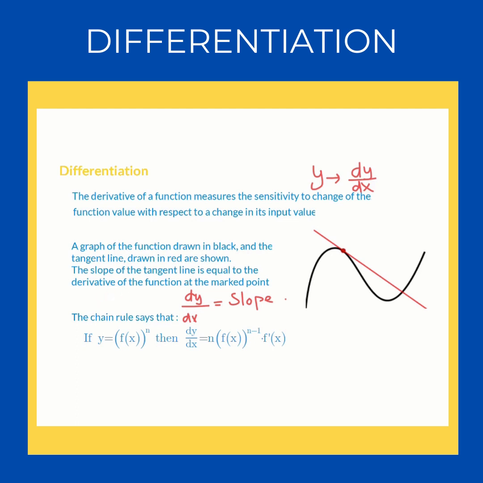The chain rule states that if y equals f of x to the power of n, then the derivative of y, or dy over dx, is n, so the power n goes down, times the function f of x, then I subtract 1 from the power, so it becomes f of x to the power of n minus 1, times the derivative of the inside function, which is f prime of x. So dy over dx, again, is n times f of x to the power of n minus 1 times f prime of x. Now let's go and solve a couple of examples on this chain rule.